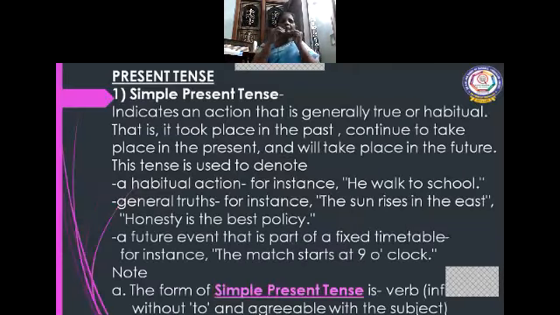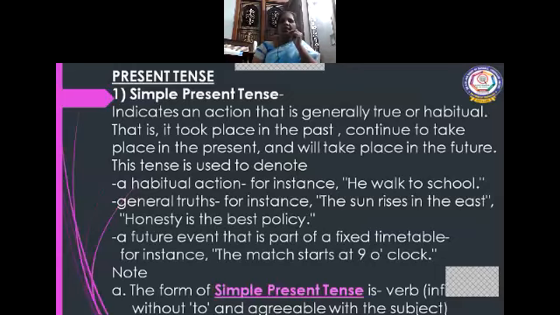Present tense. Simple present tense indicates an action that is generally true or habitual. That is, it took place in the past, continues to take place in the present, and will take place in the future. This tense is used to denote a habitual action.